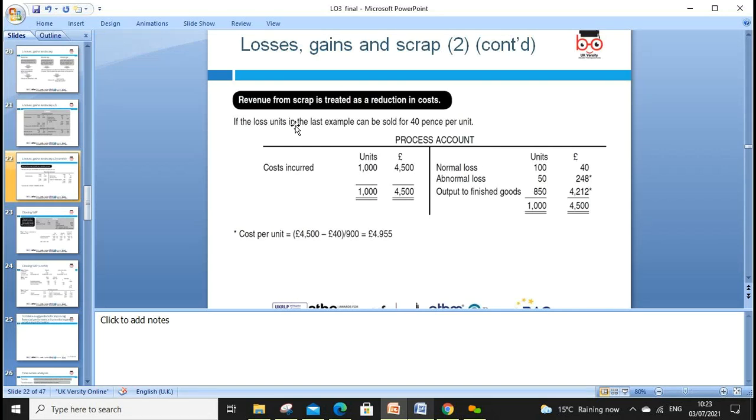But with the normal loss, the scrap units, if there are scrap units we can still sell them and recover some money out of it. Sometimes it's little. Maybe we're not selling at £5, we can sell it for less than £5. The cost will be reduced by 4,500 minus 40, which we can recover through scrap. So our cost will go down from 5 to 4.955.